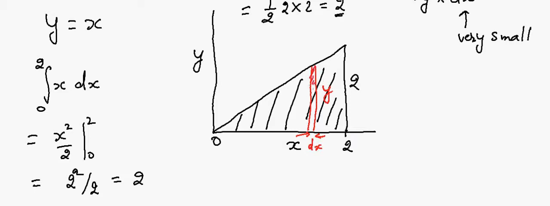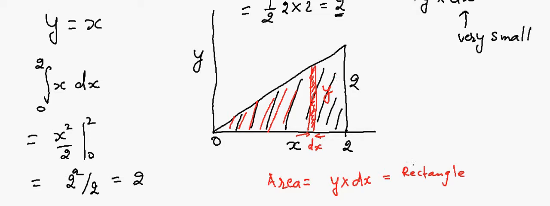If I calculate the area, I have to calculate the area of the strip. If dx is very small, this strip can almost be considered as a rectangle, and the area of a rectangle is equal to y into dx, where dx is one side here and y is the other side. So if we add all these rectangles together, then we'll get the area.